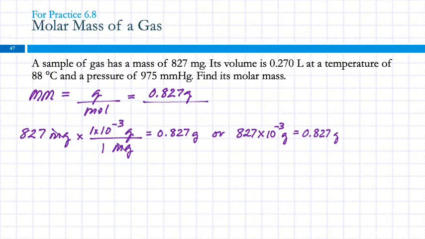And now I need to find how many moles of gas. PV equals nRT. This time I'm looking for N. So I divide by RT on both sides. R's and T's cancel out over here.